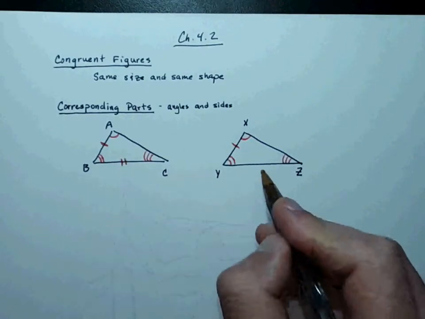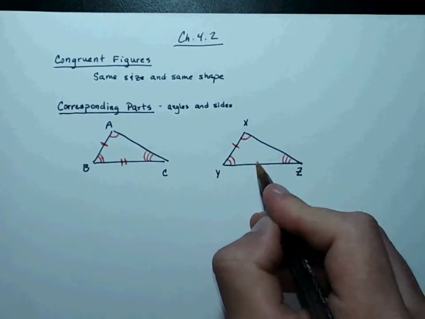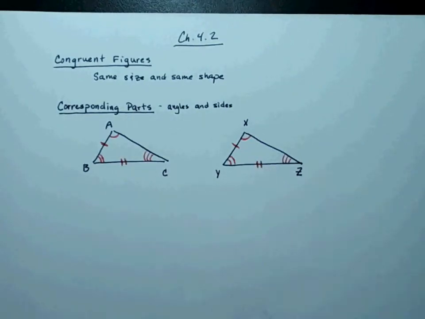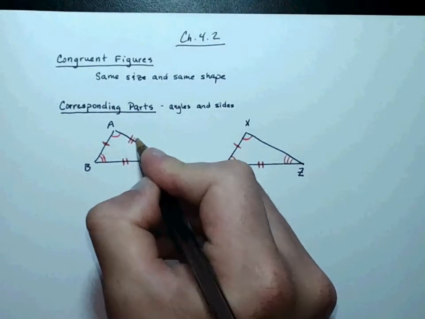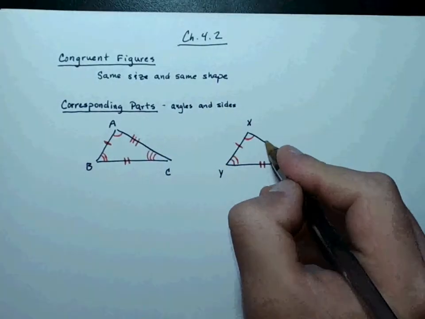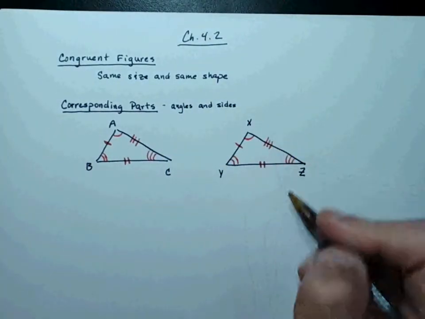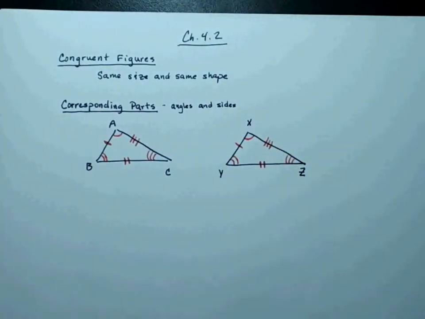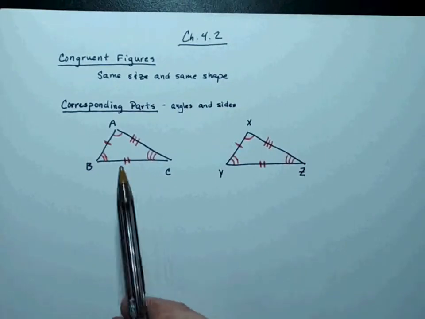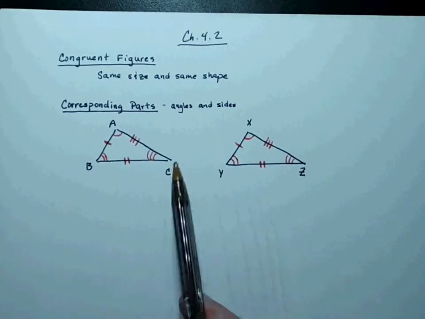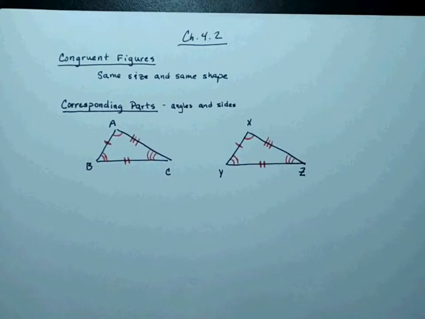Side BC would correspond with side YZ, and they would be congruent. Side AC would correspond with side XZ, so they would be congruent. All of these corresponding parts are congruent to each other.